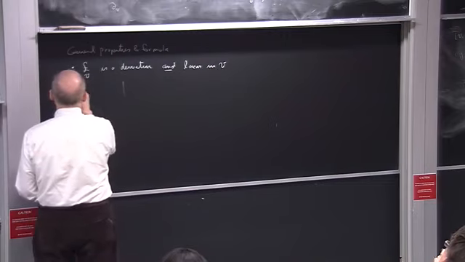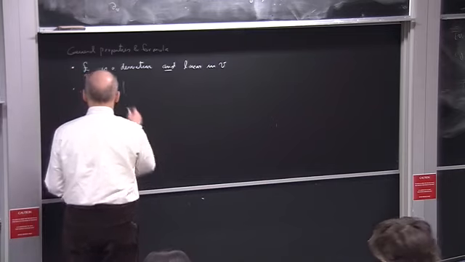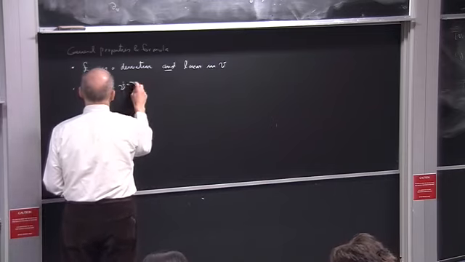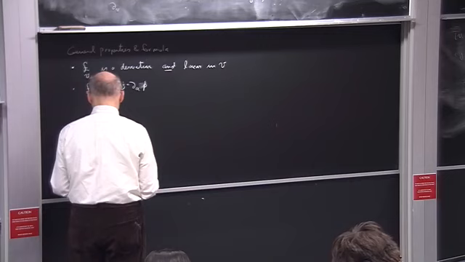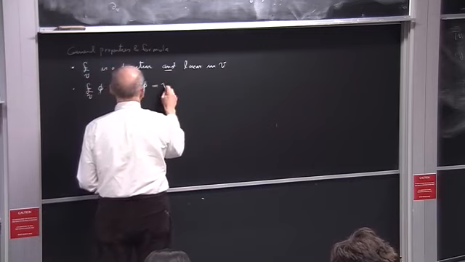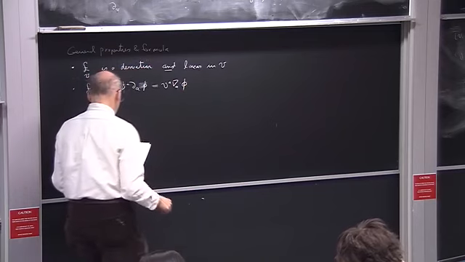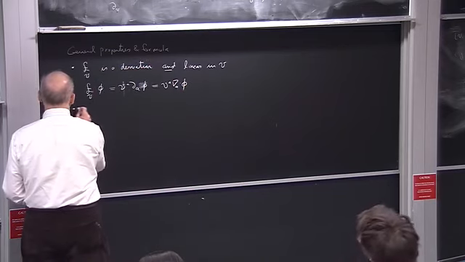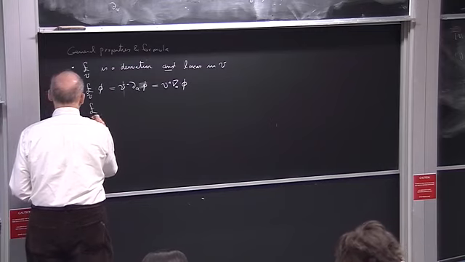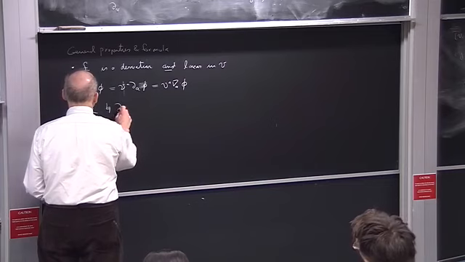Second of all, the Lie derivative of a scalar, this we just saw, is equal to V^A grad_A phi, which can be written, that's the first formula we had. And here's a very important one that I won't prove.